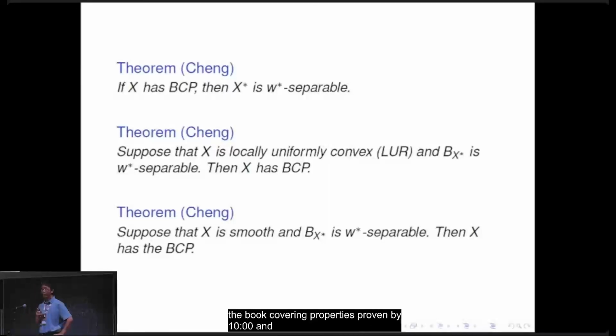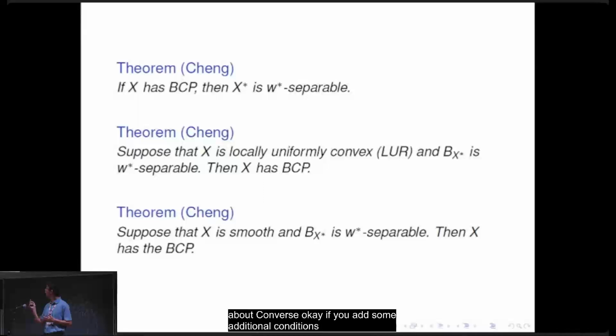The first important result about the ball covering property was proven by Zheng. It says if X has the ball covering property, then the dual space is weak star separable. So a natural question is, what about the converse? If you add some additional conditions, say X is locally uniformly convex and the unit ball of X star is weak star separable, then X has the ball covering property.